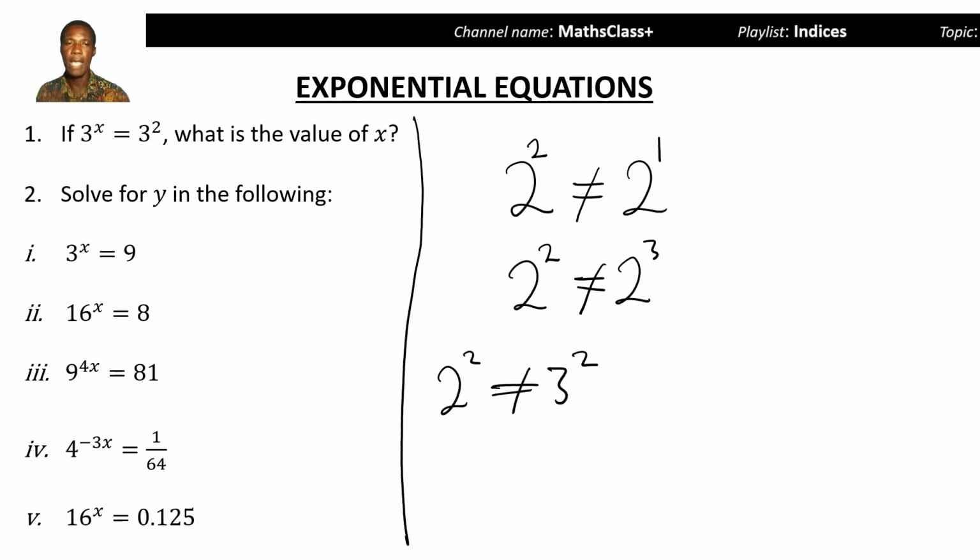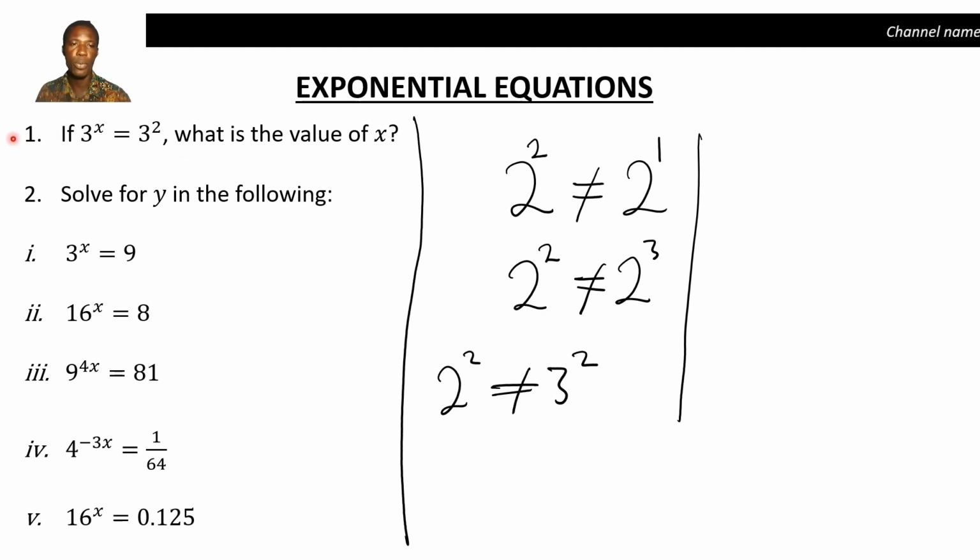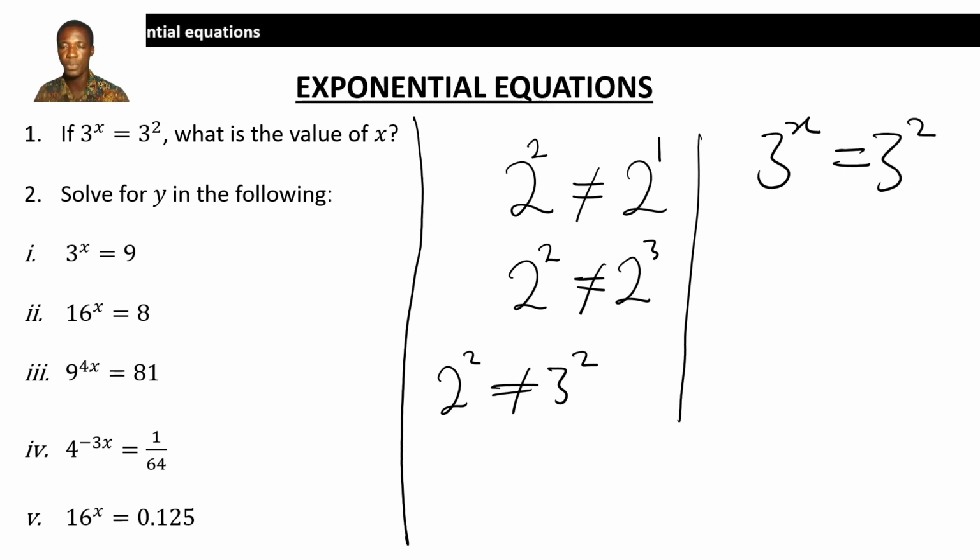So if in an expression I tell you that they are equal, let's say in example 1 that you see, if you are told that 3 to the power x is the same as 3 to the power 2, then what we have to note is that the base is the same. The bases are the same, 3, 3.